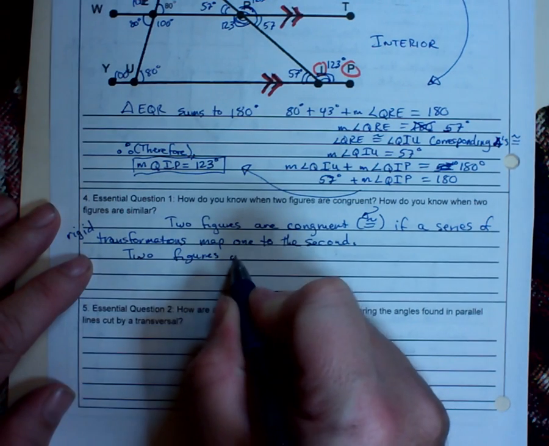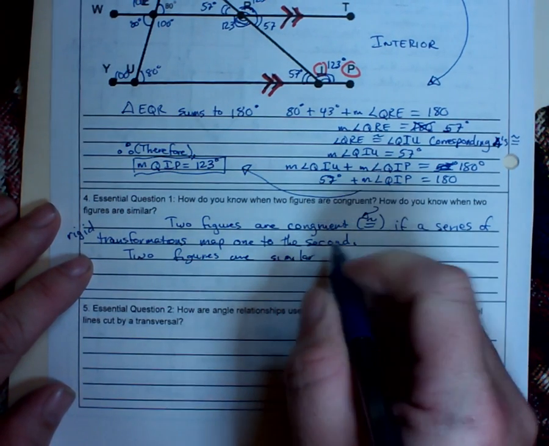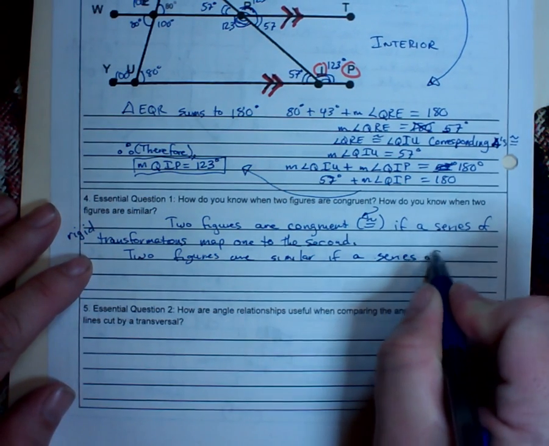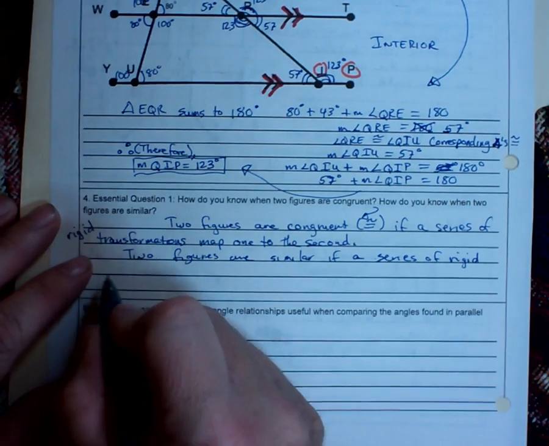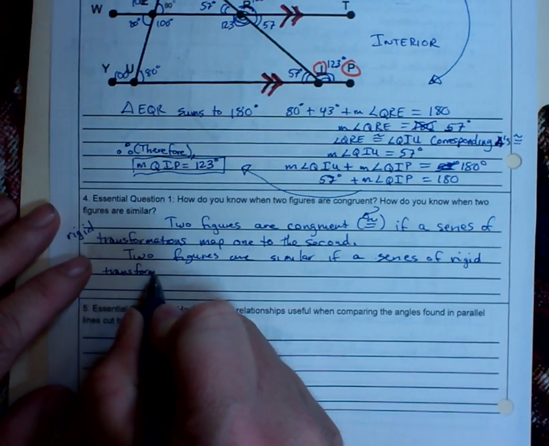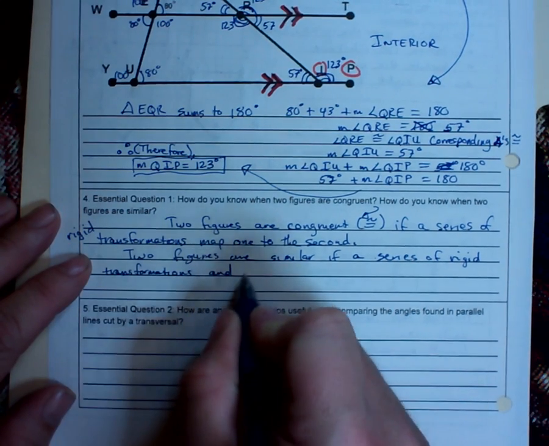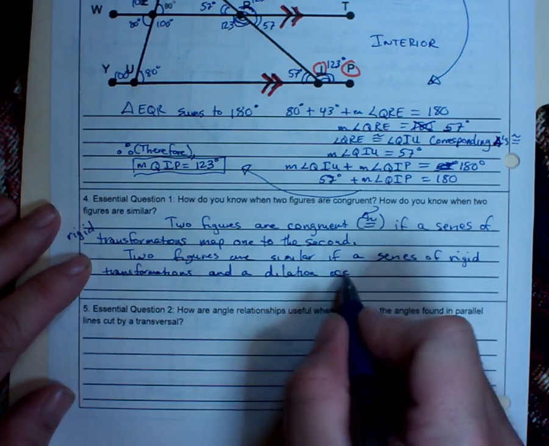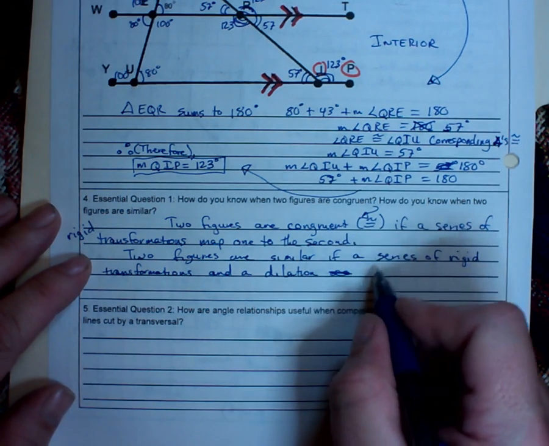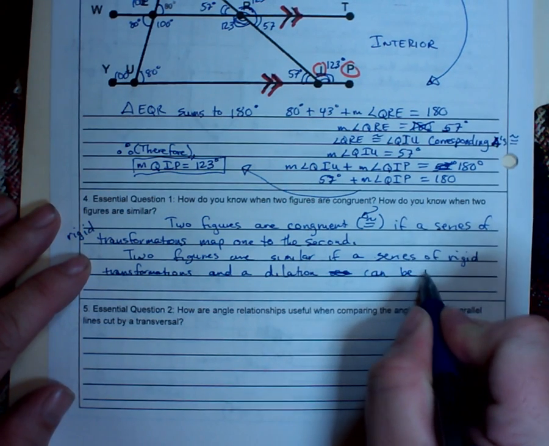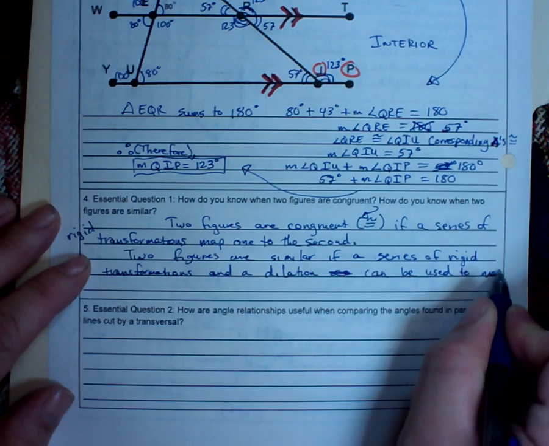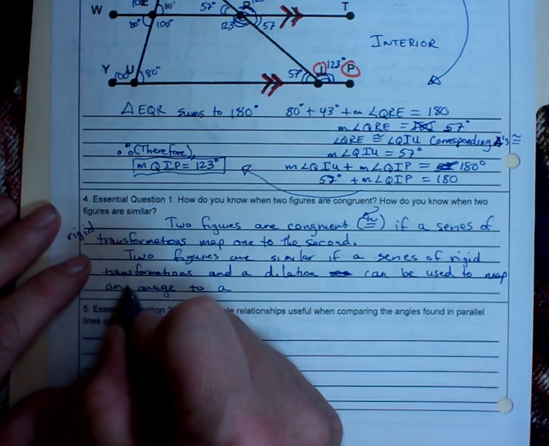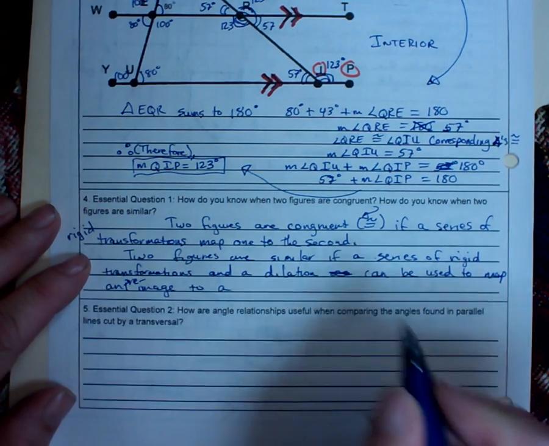The second one, two figures are similar if a series of rigid transformations and a dilation occur, or can be used to map an image to or a pre-image to an image.